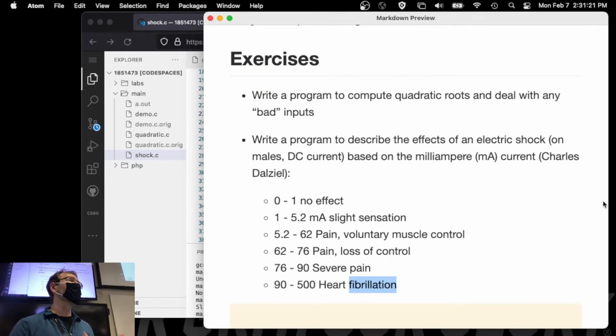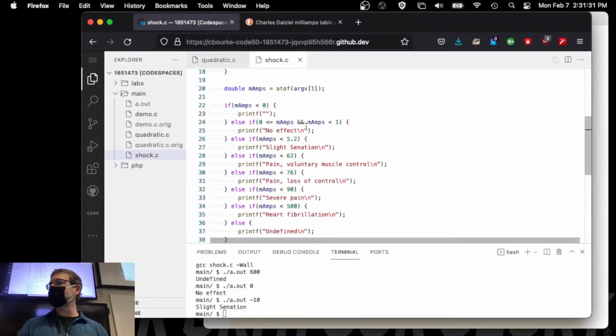But otherwise, you're making an assumption that the user knows what they're doing, and that's never a good assumption, right? So you could go ahead and say that negative amps don't make sense.